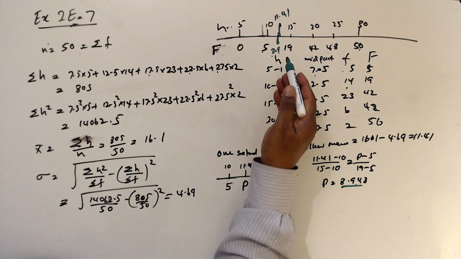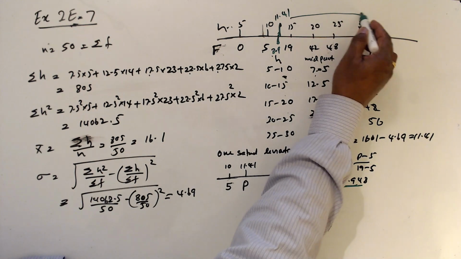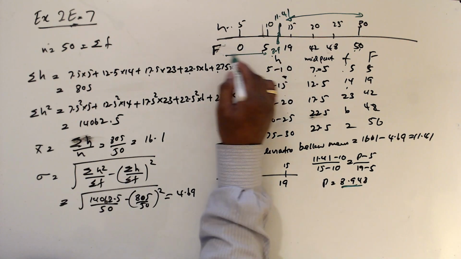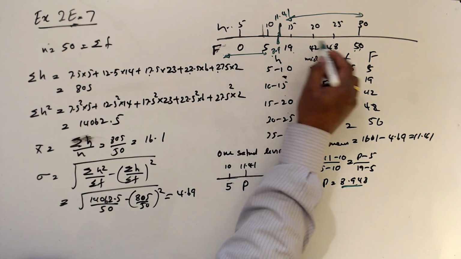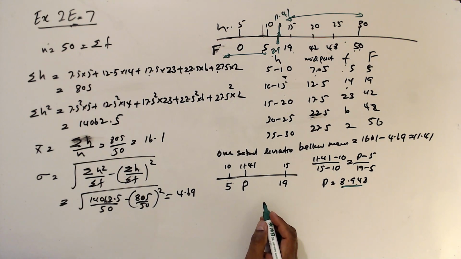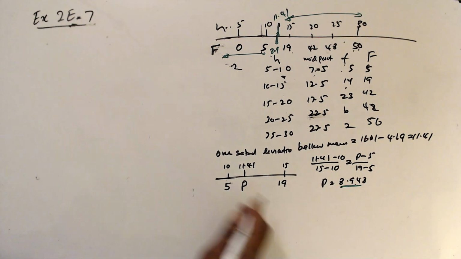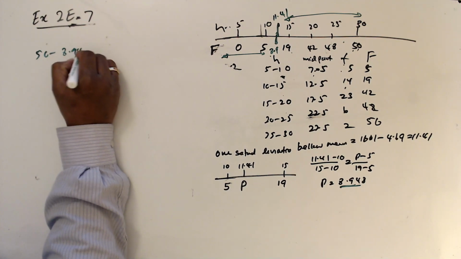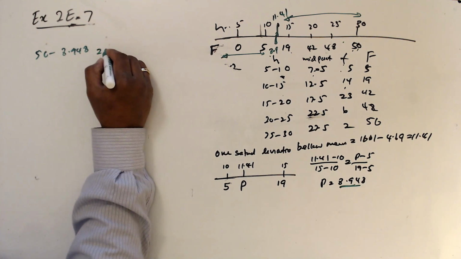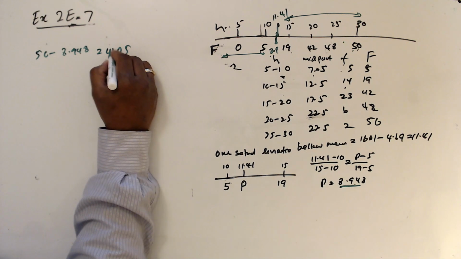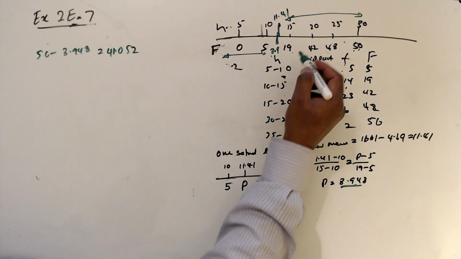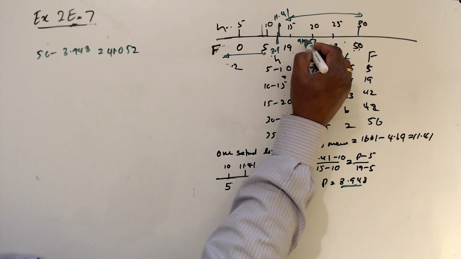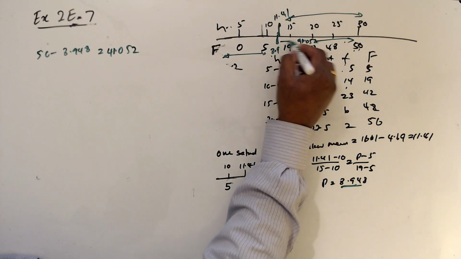Then they are claiming this much has 90%. Now we'll minus 50 minus 8.9 and see how many remain, and we'll take the percentage out of it. Now 50 minus 8.948 equals 41.052.